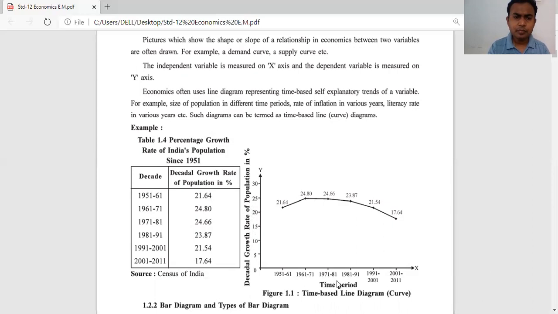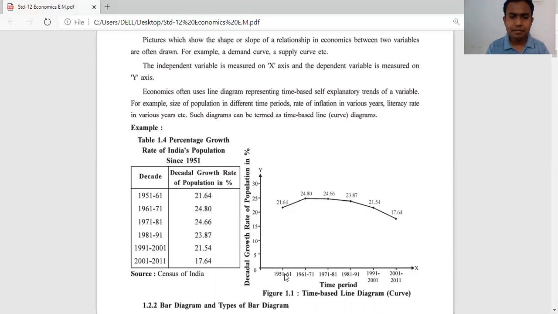All right. Now you can see in the table it shows decades, means every 10 years gap. From 1951 to 61 you see the growth rate of population in percentage. So in 51 to 61 in 10 years 21.64% growth is there. Like that 61 to 71 24.8. Like that if you see all these years, now we have plotted on graph.